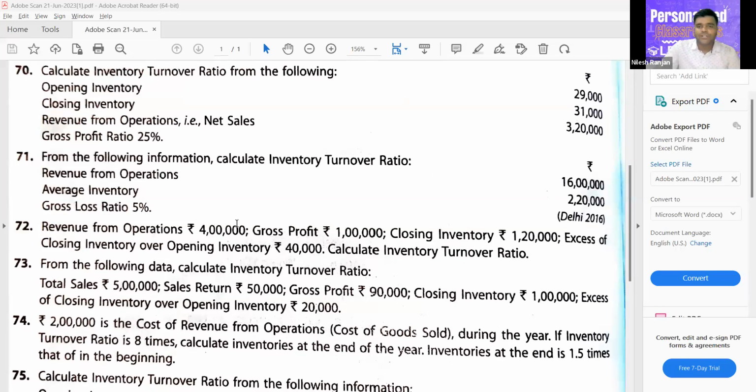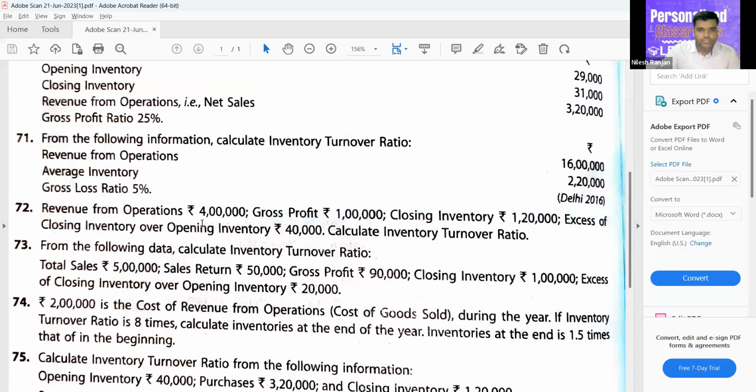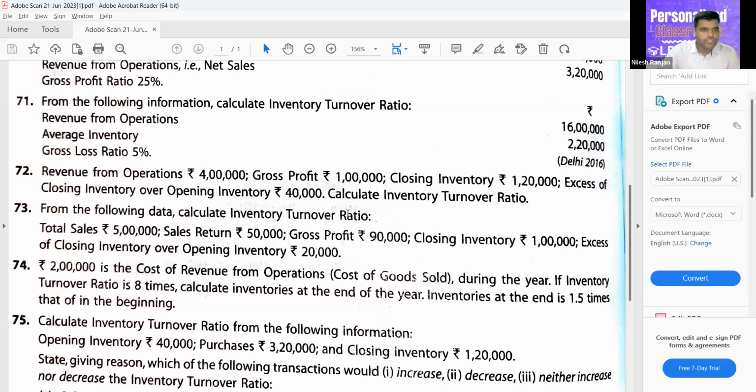Okay, so question number 71 is the same. You have average inventory, revenue from operation, and gross loss is given. So revenue from operation and gross loss will be added in revenue from operation. After that, we have inventory turnover ratio.